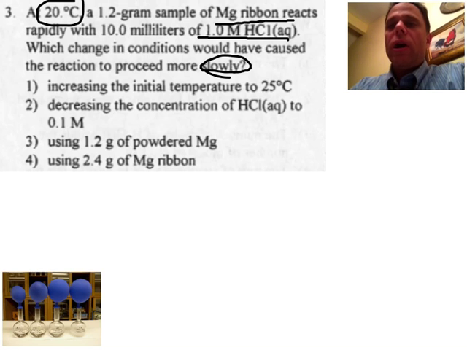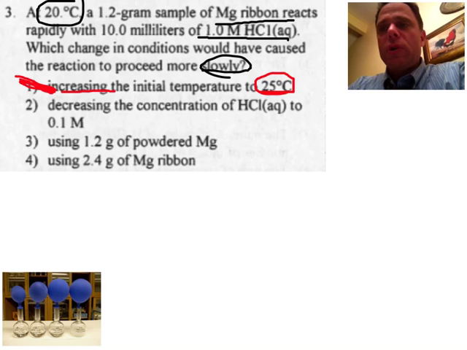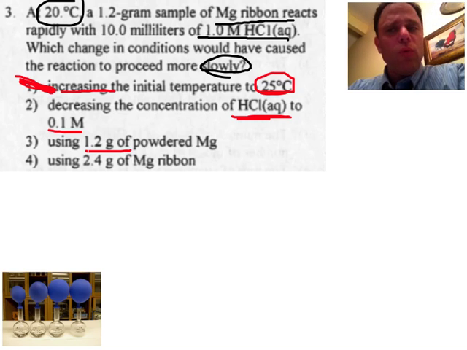What are our options? Increase the initial temperature to 25 degrees Celsius. The previous slide showed us that increasing temperature would make the reaction go faster. Cross that out. How about decreasing the concentration of HCl to 0.1 molar? Consideration. Looking at number 3, using 1.2 gram of powdered magnesium instead of the ribbon.